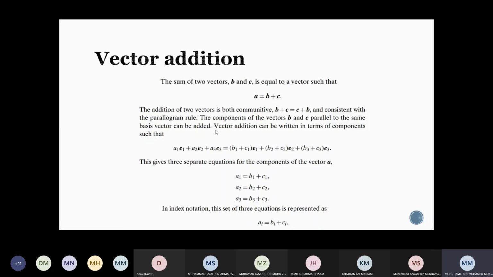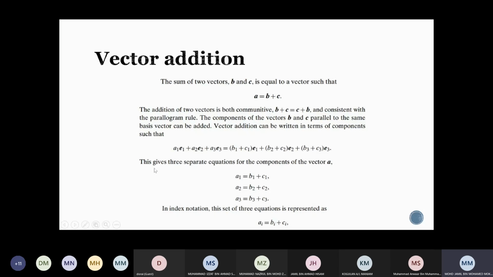So for example, B1 plus C1 times E1, because they are in the same direction, so you can add B1 plus C1. Then E2, B2 plus C2. It's the same thing, but now the symbol is E. Last time you learned it in the symbol IJK.